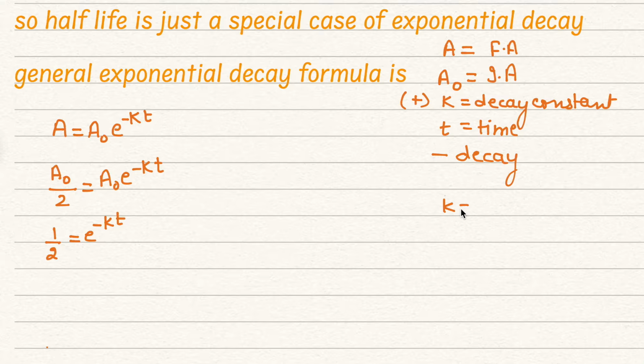Now we have to find k, and here it is in the form of a power. So what we do, we apply natural log on both sides. That is equal to natural log of e raised to power negative kt.